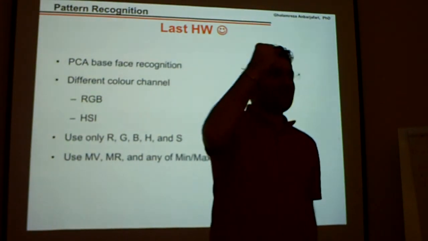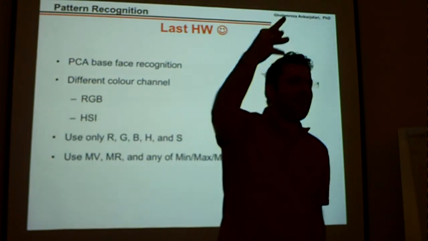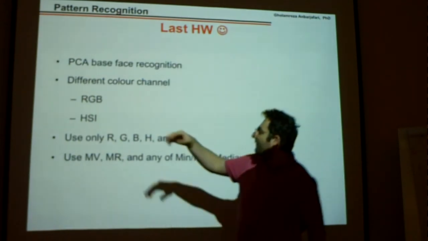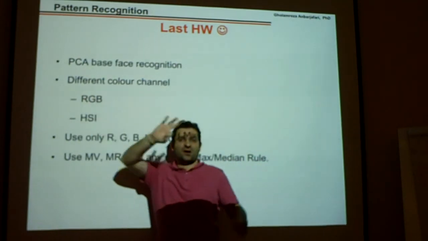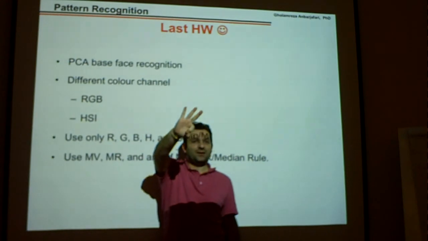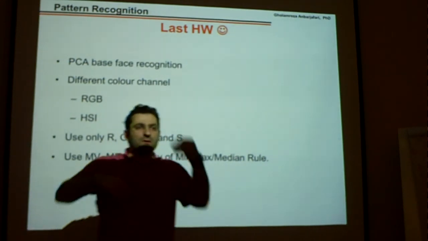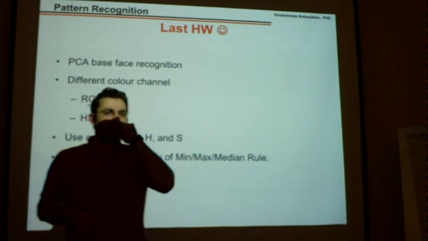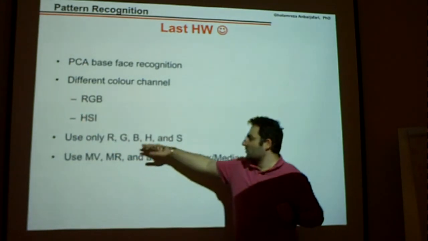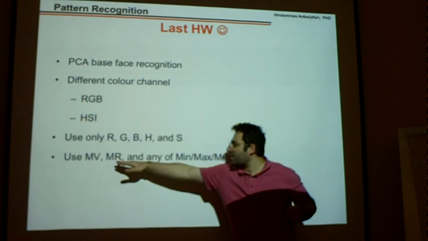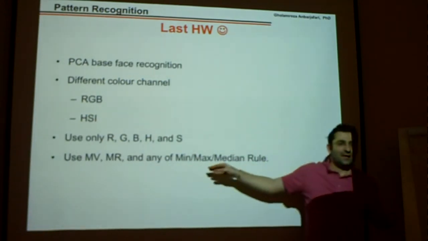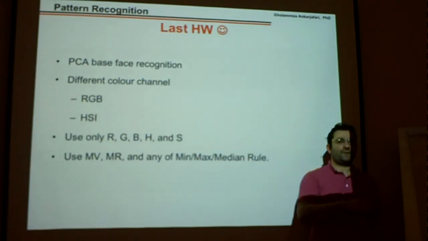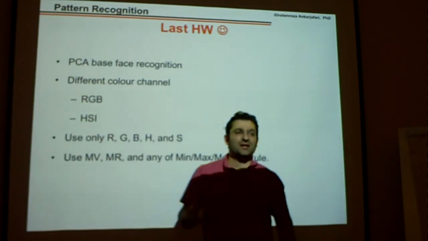So you have an image which already has 3 channels, RGB. So you have 3 decisions in your hand. If you run your code, you will get 3 results at the end. So you have sets of decisions, and you can apply any of these techniques to see what the final decision is. You will see that the result will be better.